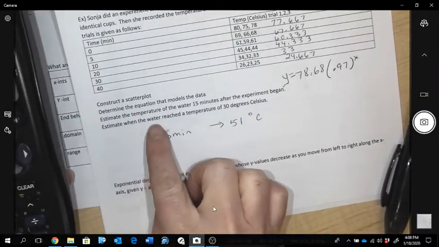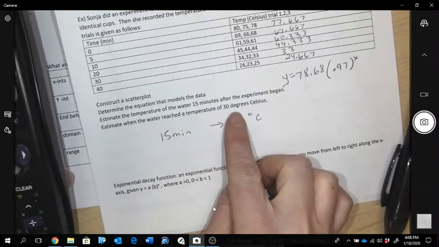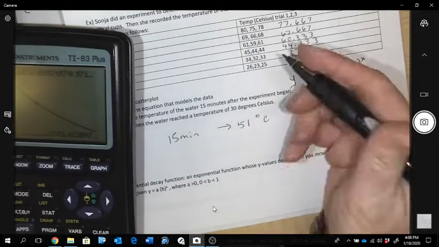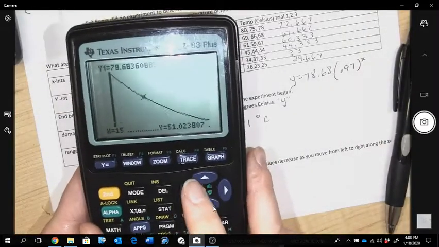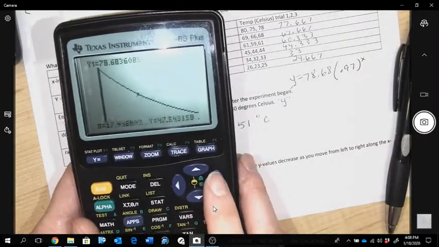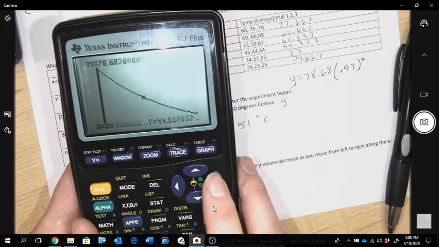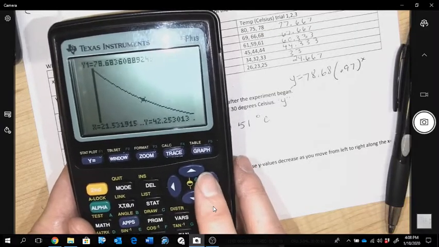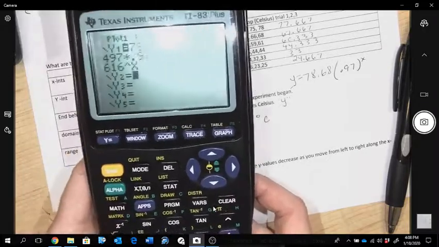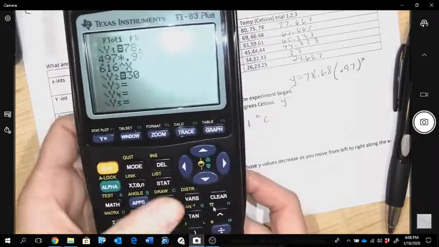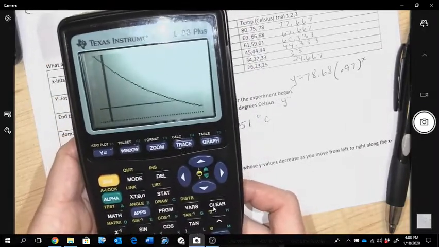Okay, estimate when the water reached a temperature of 30. So 30 is the Y I'd be looking for. So obviously you could scroll down like that to get an estimate, but if you want to know exactly, you go here to your Y equals and put in 30 for the second equation. So there's the height of 30.